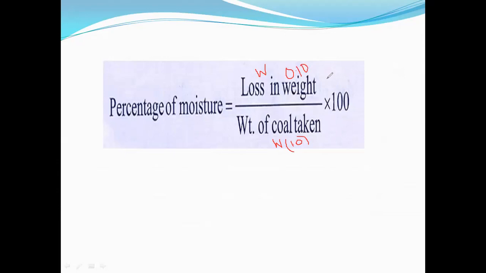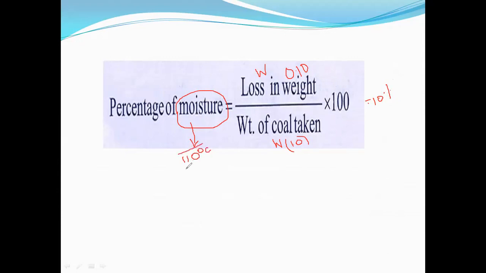The percentage is 0.10 by 1 into 100, and the resultant is 10%. This is the percentage of moisture present in the coal sample, determined by heating it in the silica crucible in the hot air oven at about 110 degrees centigrade.